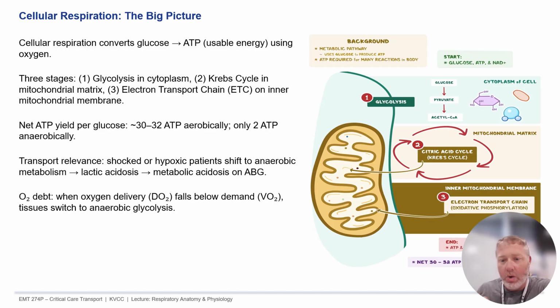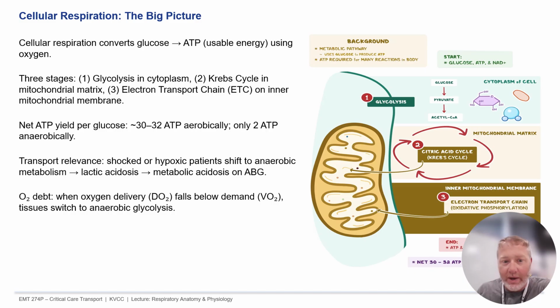Glycolysis requires no oxygen. It's always running behind the scenes. The Krebs cycle and the electron transport chain both require oxygen. They're the aerobic stages that produce the vast majority of ATP in the cells.